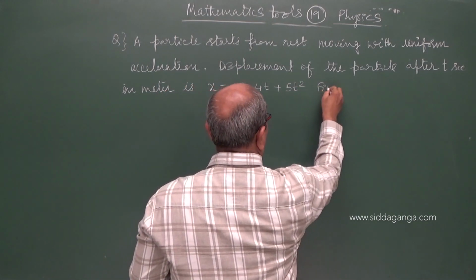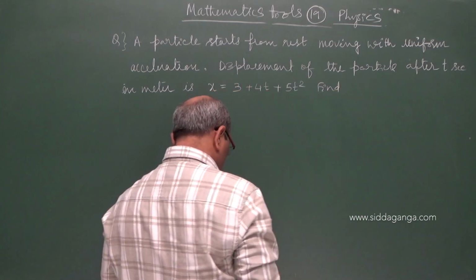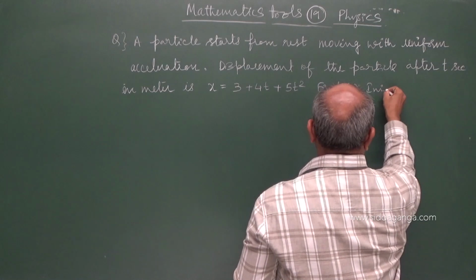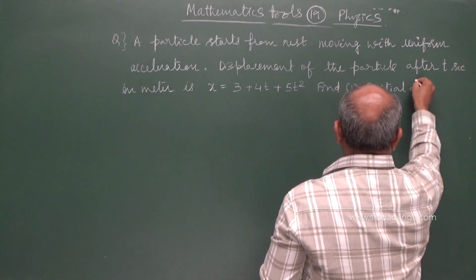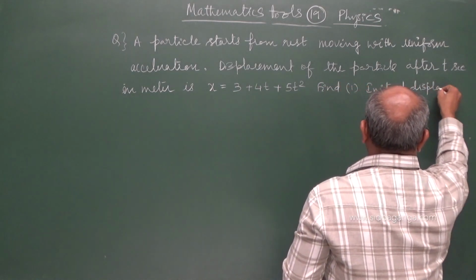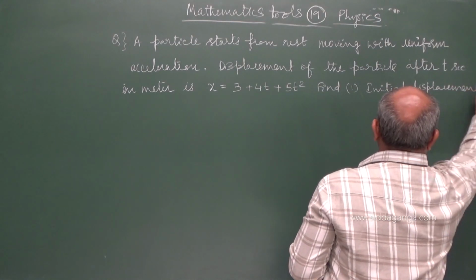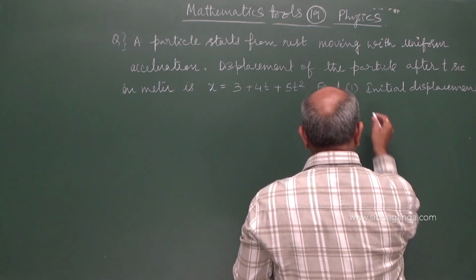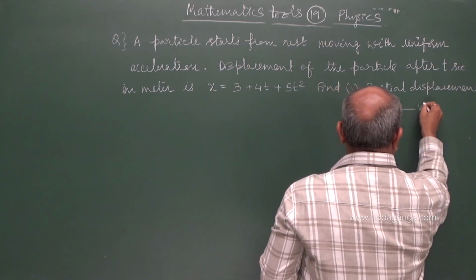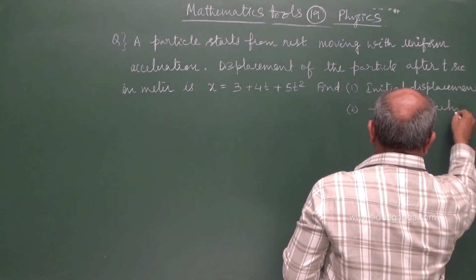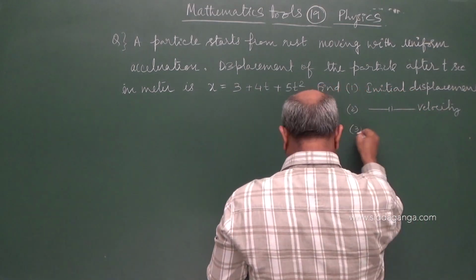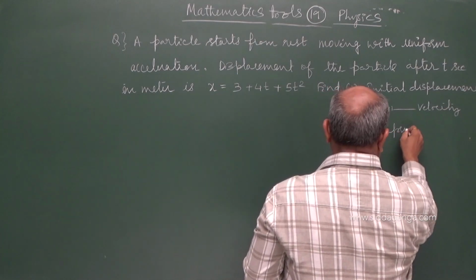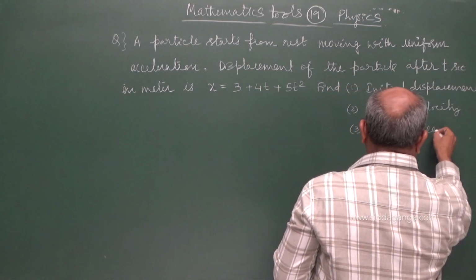Find number 1, initial displacement. Number 2, initial velocity. Number 3, uniform acceleration.